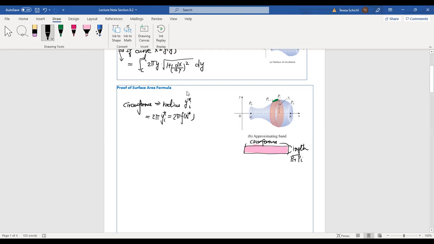And so now in order to find the area of this strip, I need the length times width. The width is this arc length.